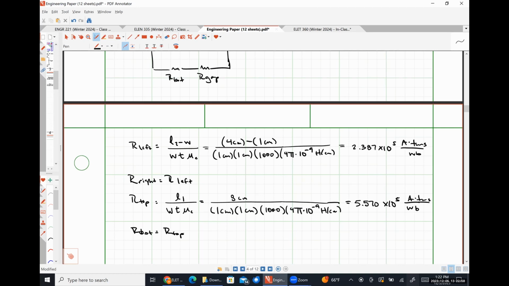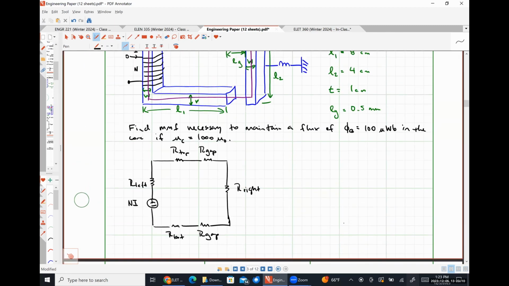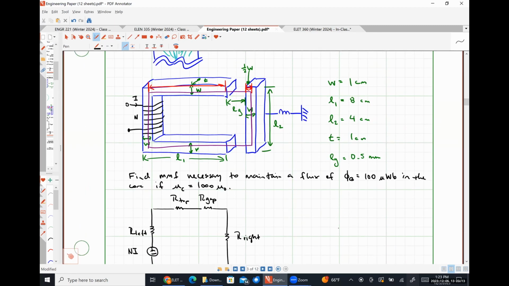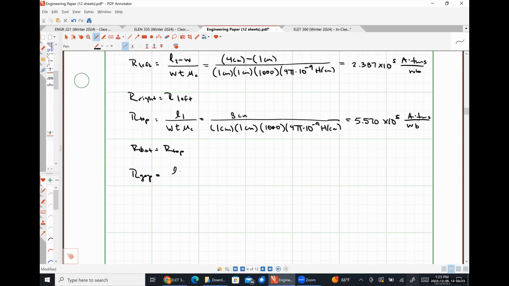And then lastly, we have our gap. So what's the distance our flux travels as it passes through the gap? The length of the gap, right? So just L sub G. Keep writing Q's. What's our cross-sectional area going to be?